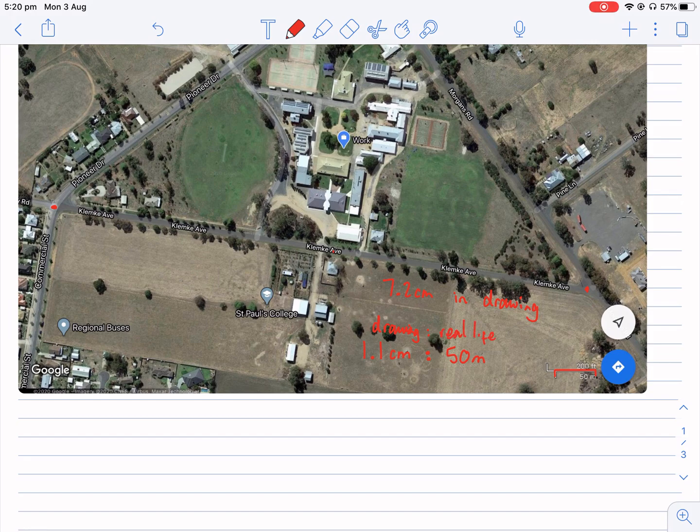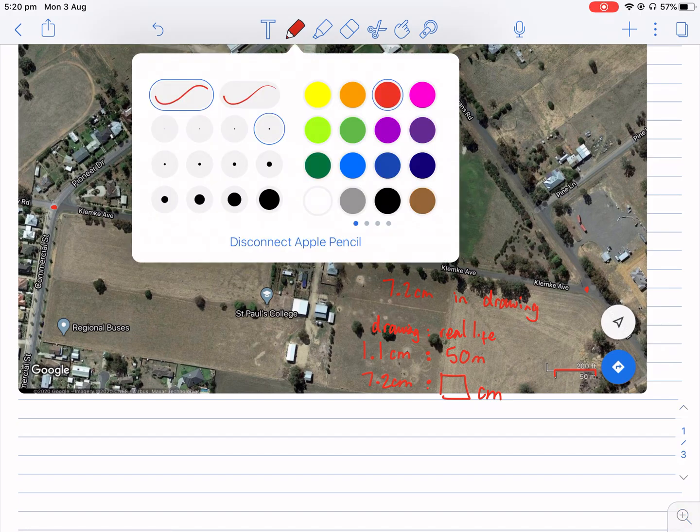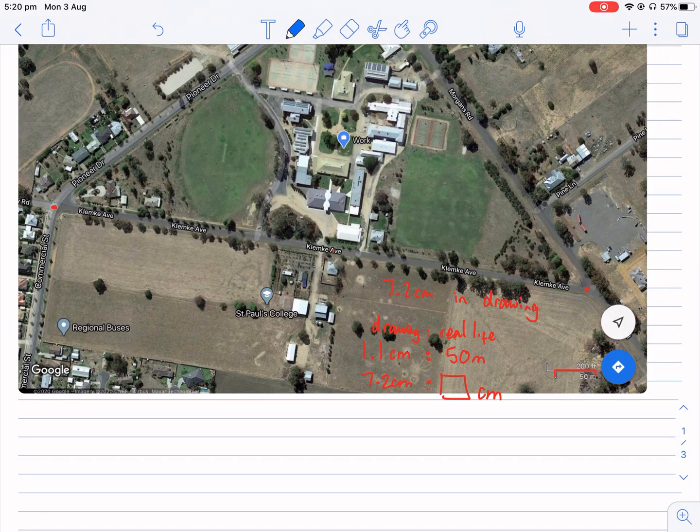So if I've got 7.2 centimeters, I want to know how long it is actually. So we're going to get out our trusty divide, times equals method. So we've got 7.2 divided by 1.1 times 50.